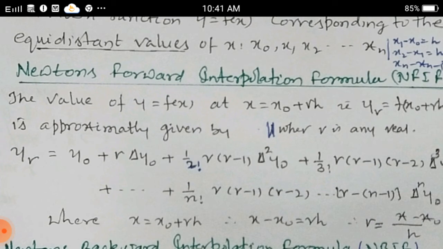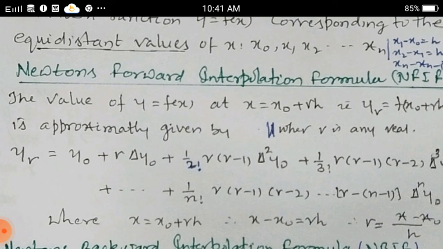where we find r. How to find r? Here, f of x is equal to f of x naught plus rh. Therefore x is equal to x naught plus rh. So you calculate r: x minus x naught is equal to rh. Therefore r is equal to x minus x naught divided by h.